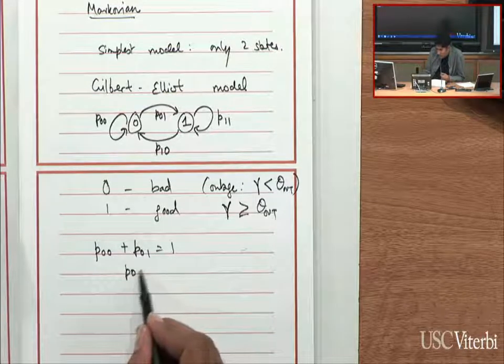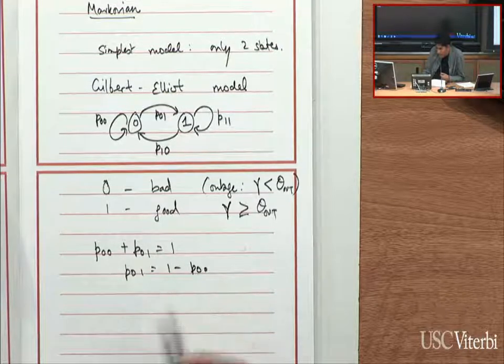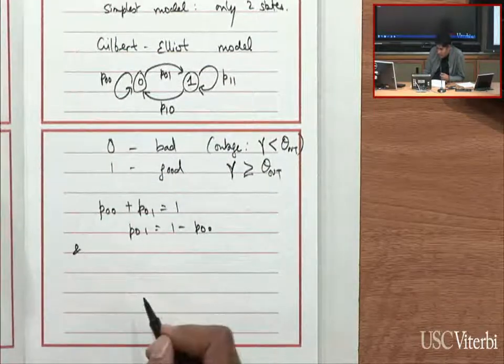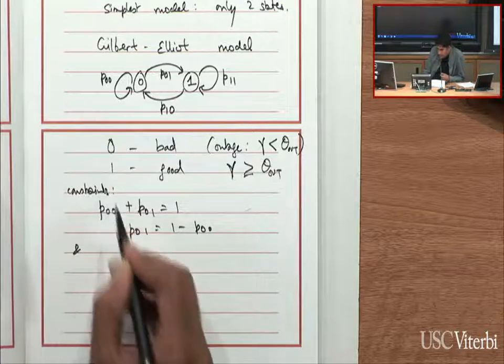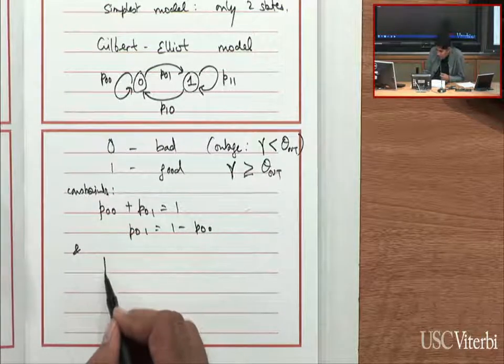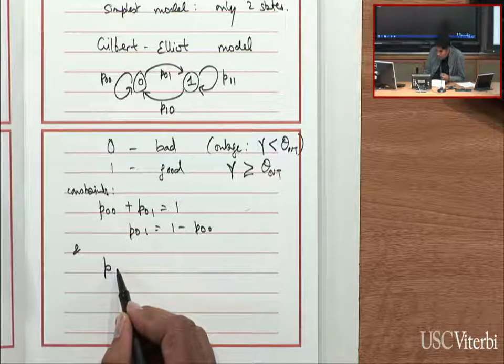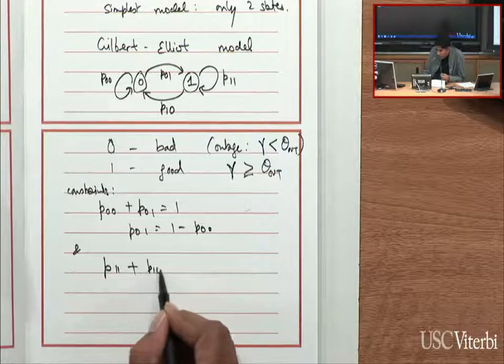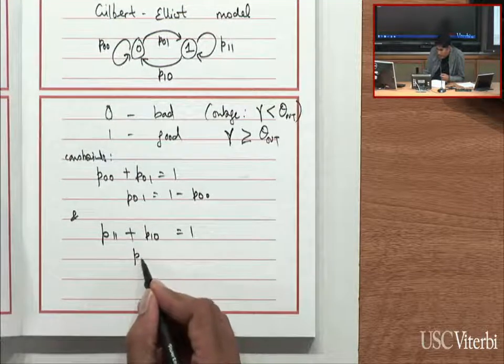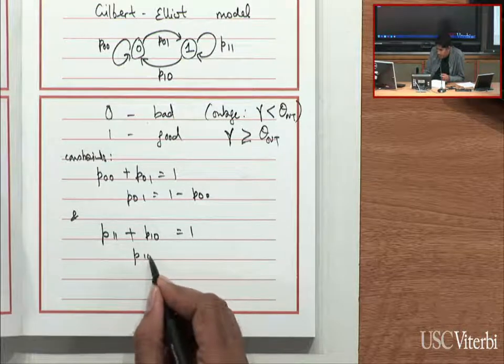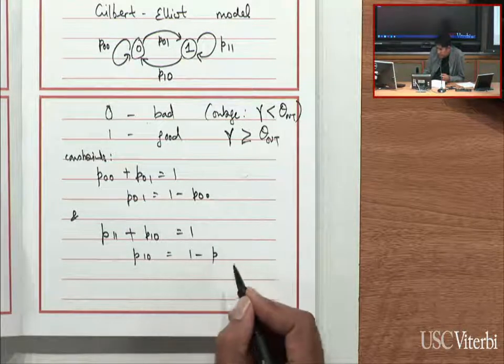Or in other words, P01 must be equal to 1 minus P00. And so these are basically constraints. Similarly, P11 plus P10 must equal 1. A different way of writing that is that P10 equals 1 minus P11.